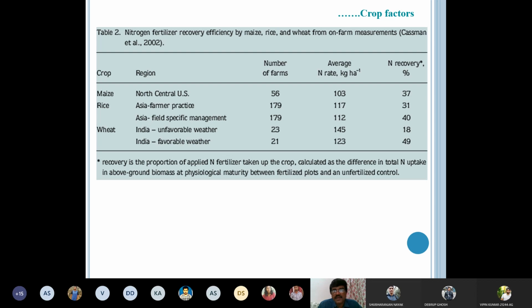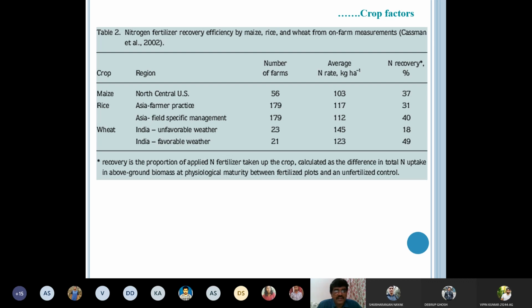example where they have taken several data from farmers' fields. And they have found that in maize, the recovery of nitrogen is 37%. In rice, it is 31%. And maybe under field-specific management in Asia, better management, from 31 it can go to 40% in rice.